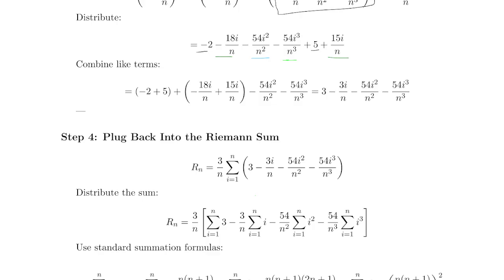The next step is splitting this up into 4 different sums. So the first sum will have 3, and then i, i squared, i cubed, basically inside, and then we just factor out the numbers, like the 3 over n, 54 over n squared, and 54 over n cubed, along with the negatives also.